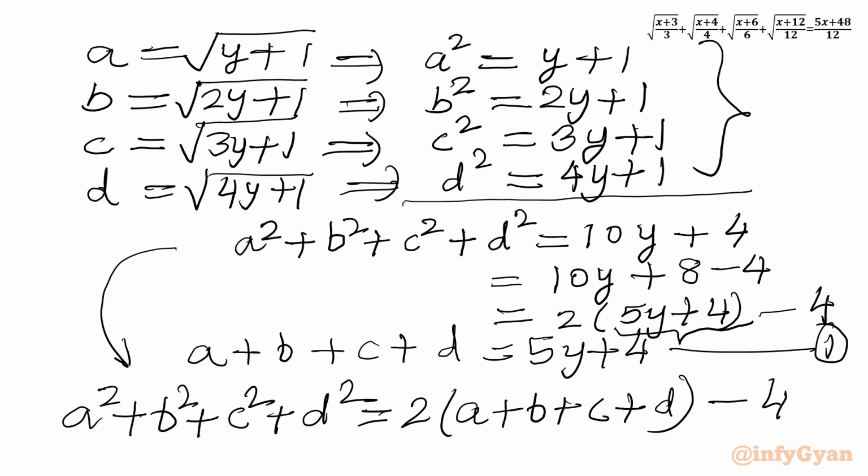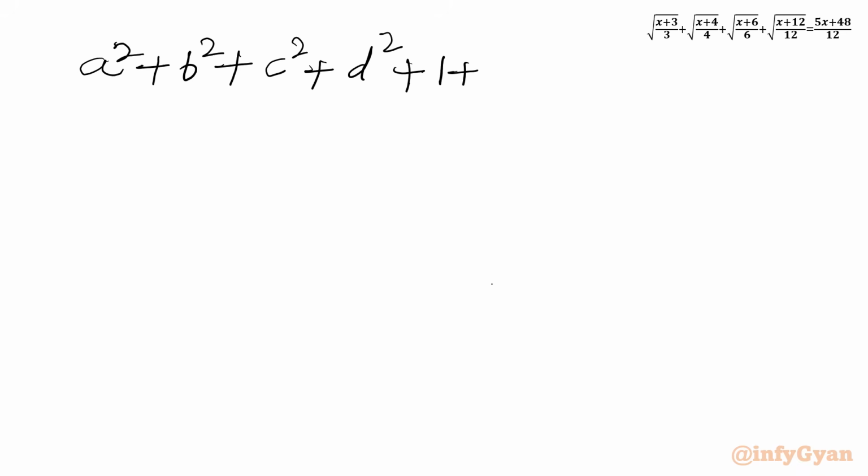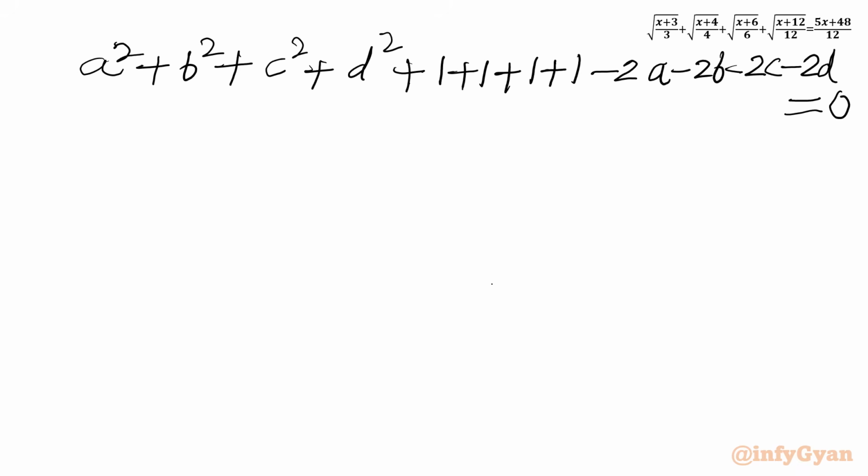Now we will split 4. This 4 can be written as 1 plus 1 plus 1 plus 1. And we will take all the terms to the left hand side. So we will write a square plus b square plus c square plus d square plus 1 plus 1 plus 1 plus 1 minus 2a minus 2b minus 2c minus 2d equal to 0.